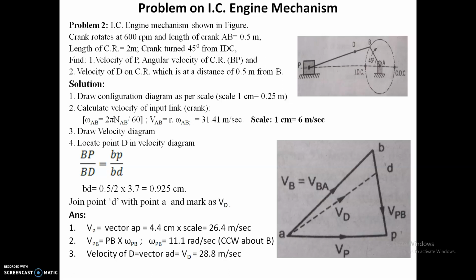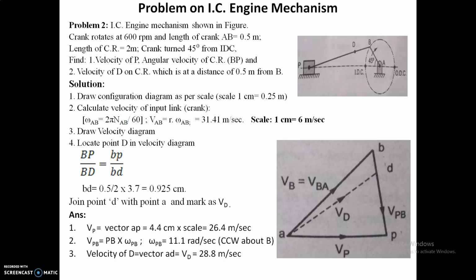So you take the length of small vector bp and multiply by scale, then you will get the velocity of BP, that is the velocity of the connecting rod. And the length of BP is already given in the problem. So by keeping these two values of velocity and length, you can easily determine the omega of the connecting rod. So the omega of BP is equal to 11.1 rad per second, which is counterclockwise about B.